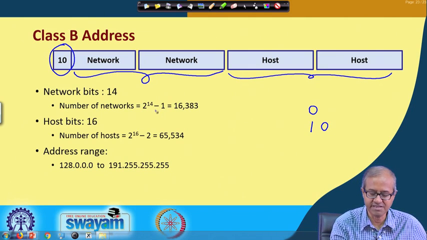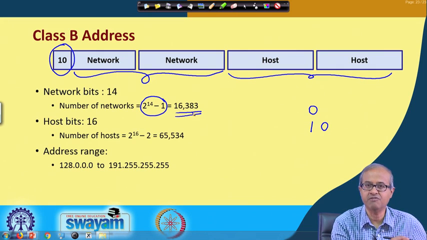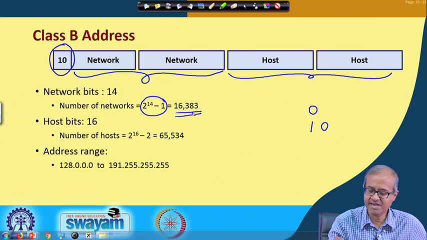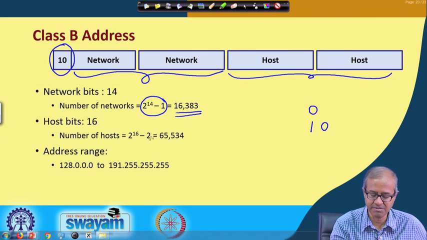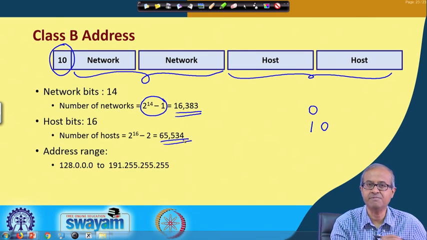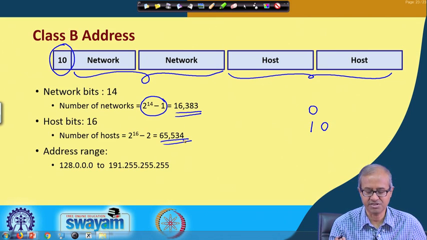So, you can have similarly 2 to the power 14 minus 1, which is about 16,000 networks, and each network can have 2 to the power 16 minus 2, about 65,000 computers. This is how class B networks are.